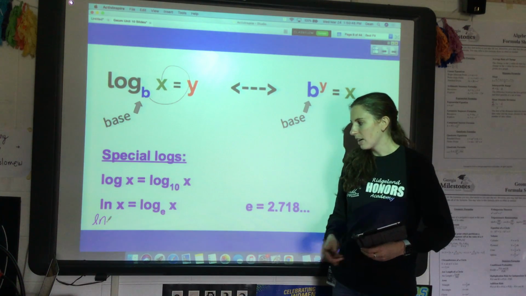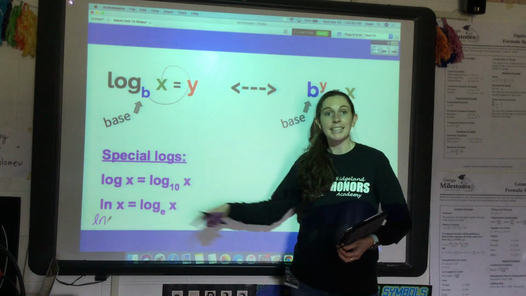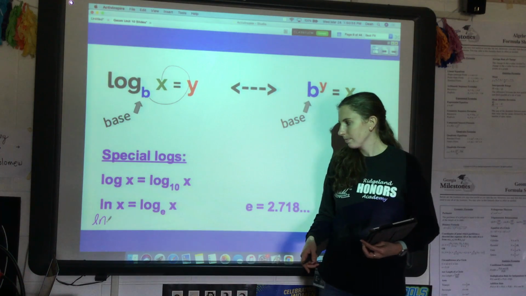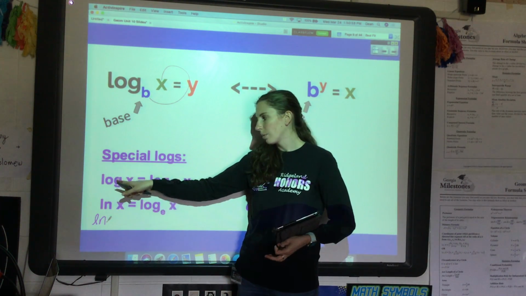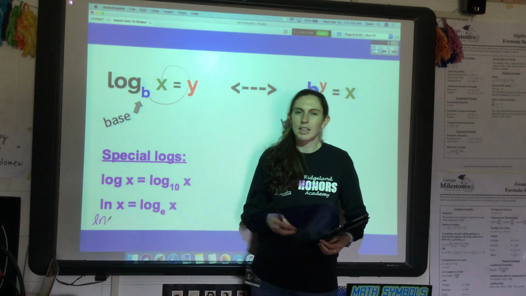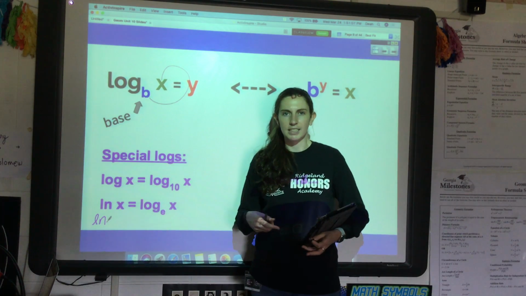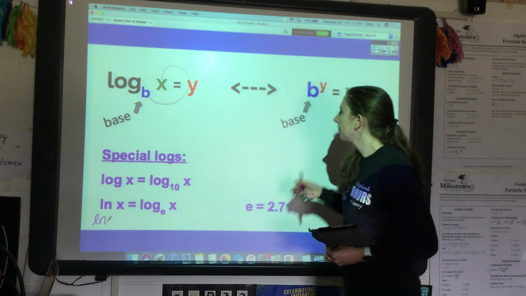And so if you ever have log with a base of E, we call that natural log. So these two buttons are in your calculator. There's a log button and there's a natural log button. But you can't do any other bases. There are ways to get around it, but there's no specific button in the TI-84 or a phone calculator for anything except for these two.